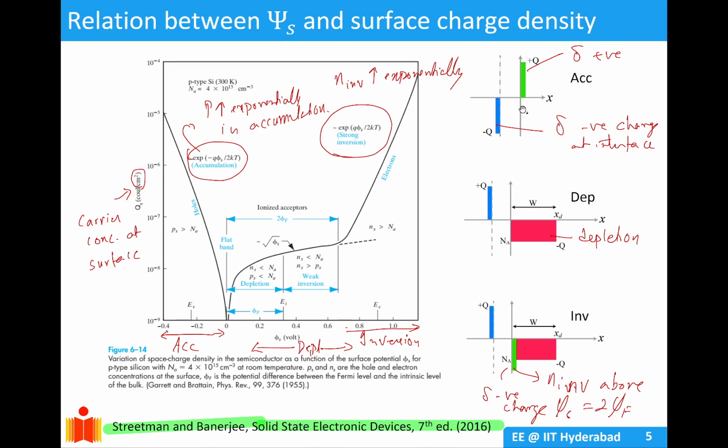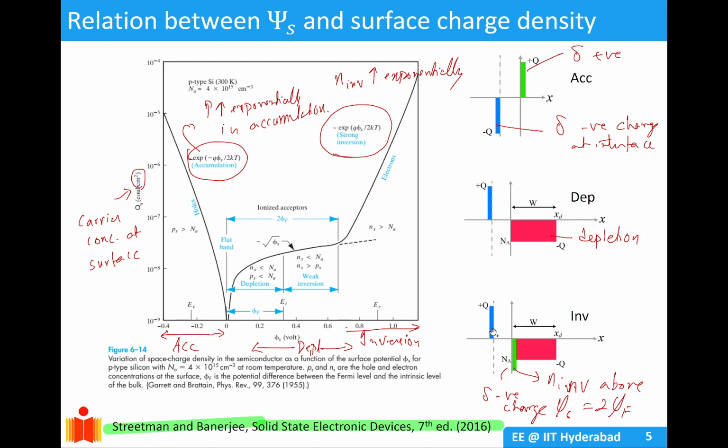And this is how the charges will look. For accumulation, there's a thin sheet of negative charges on the metal side, and a thin sheet of positive charges on the semiconductor side. For depletion, a thin sheet of positive charges on the metal side, and the depletion region negative charges on the semiconductor side.